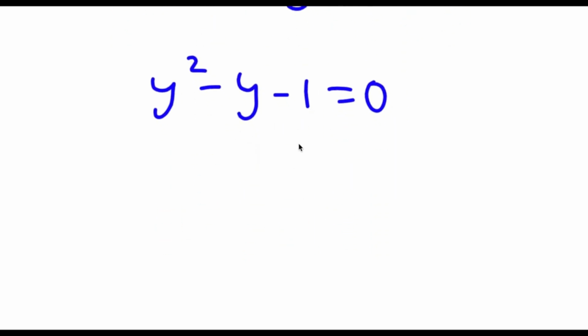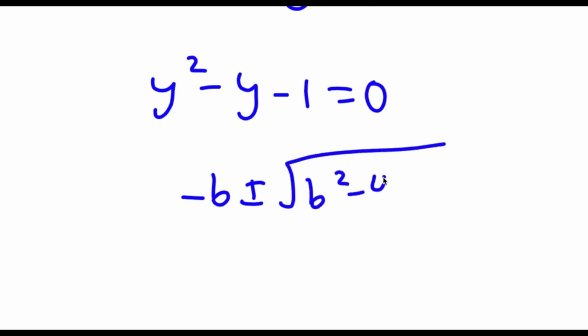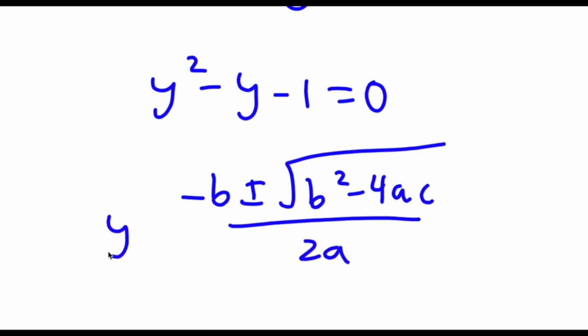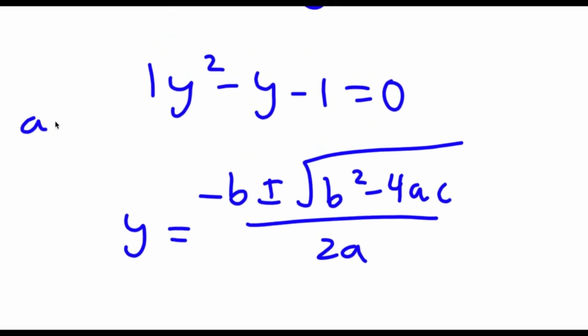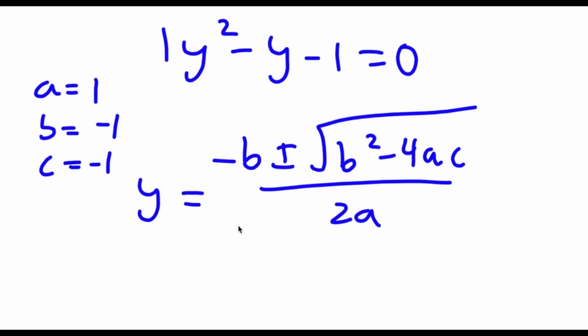So now to solve this, I'm going to be using the quadratic formula, which is negative b plus or minus the square root of b squared minus 4ac all over 2a. So in this case, A is equal to 1, B is equal to -1, and C is equal to -1.